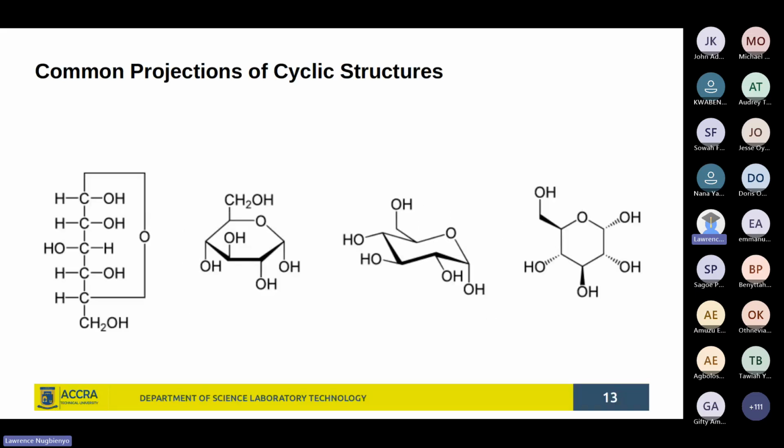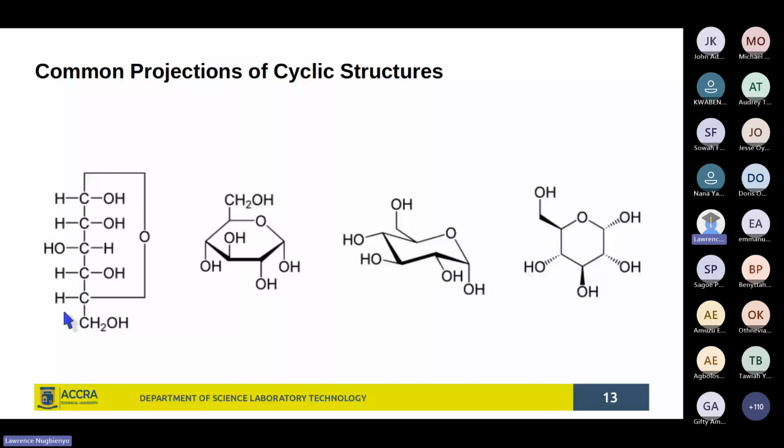Now, another thing. So far, we've seen the Fischer projections, which was a straight chain structure. Sometimes, if you take the aldehyde group that is forming a cyclic structure, it can be shown just with the Fischer projection this way.